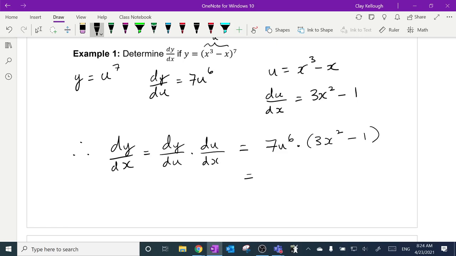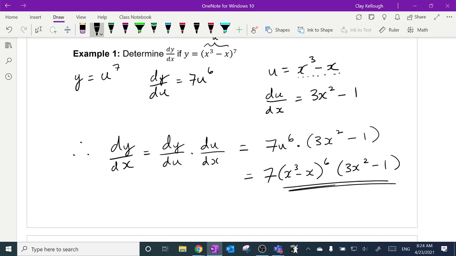And then to get a final answer without this extra variable of u in it, I just substitute back what I defined u to be. And there we have it. There's the derivative. That's the same thing we would have got if we'd done it using yesterday's method. This method does involve thinking about it as a substitution of a third variable besides y and x.